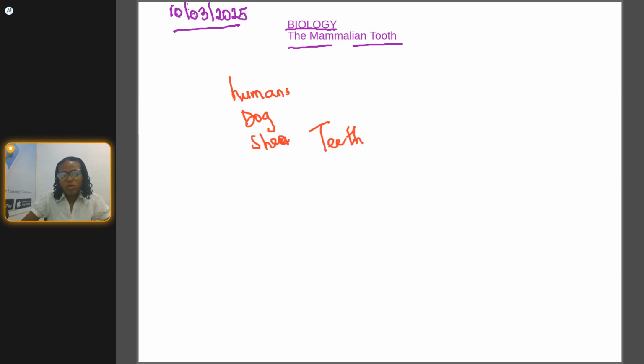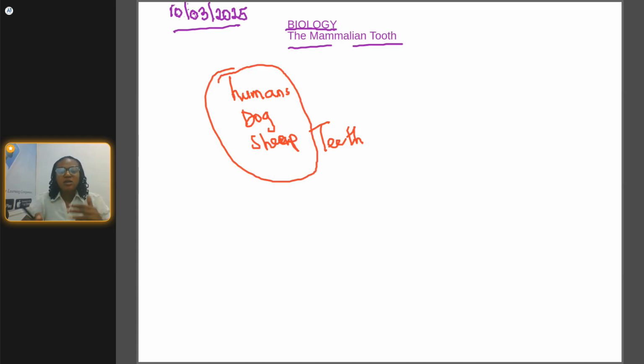We want to see their set of teeth, and compare and contrast the set of teeth of humans, dog, and sheep.